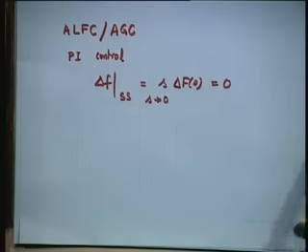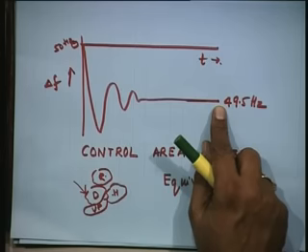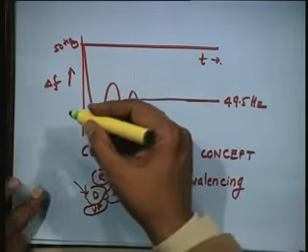This is what we are using to find the final value of the deviation, and this must become 0. Unlike the diagram I have drawn earlier, it is not becoming 0, it is settling to a new steady state. What do I want? I want it to be like this.